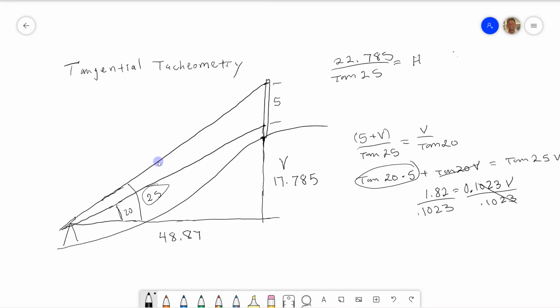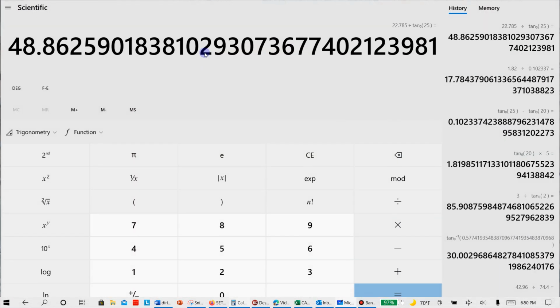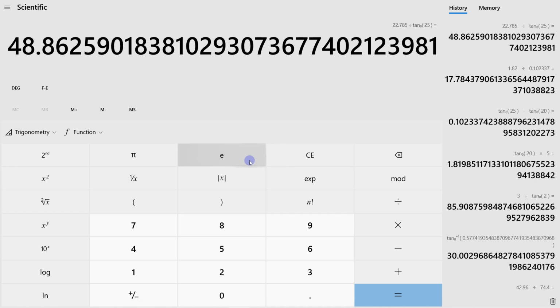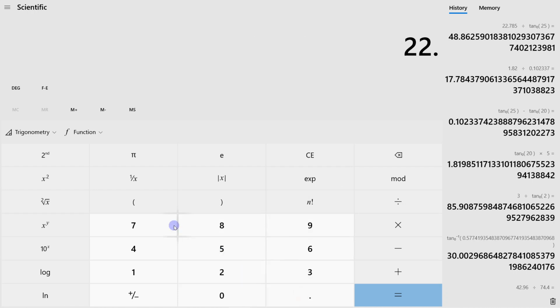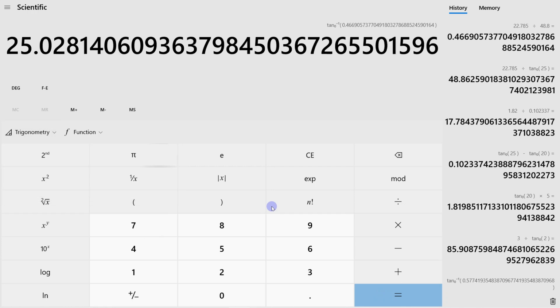So let's check that. We're going to go 22.785 divided by 48.87 equals, second function tangent, we get 25 degrees. That's just not rounded. So that works out.